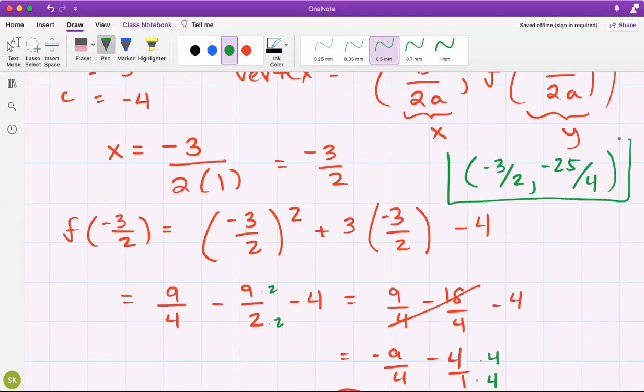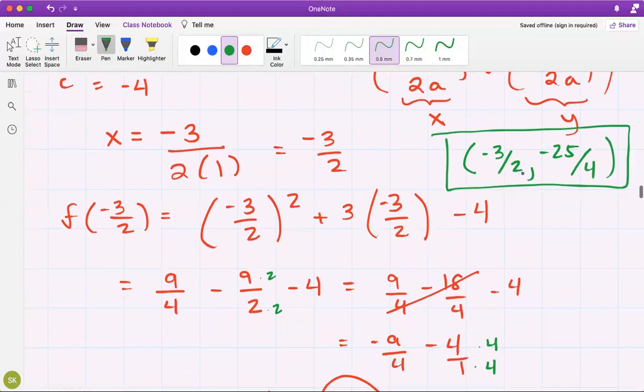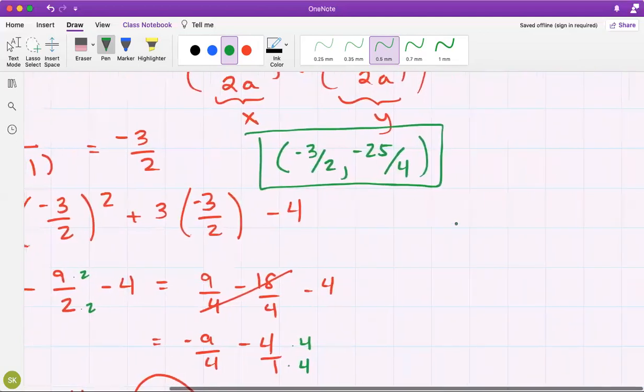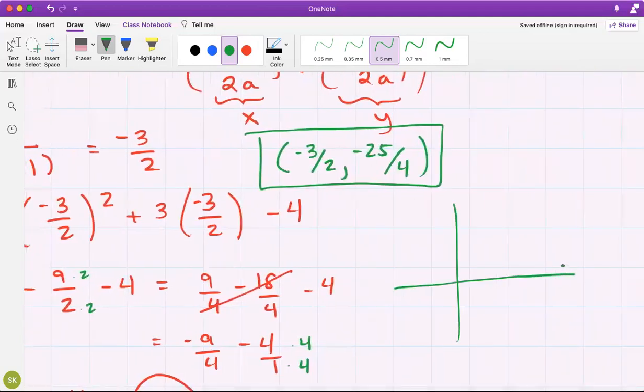Now this wouldn't be something fun to graph because we have fractions. We could try to identify the graph. Notice that both of these are negative numbers. So if I wanted to graph this, I can tell I'm going to be in quadrant 3 because the x's are negative and the y's negative. This is negative 1.5.